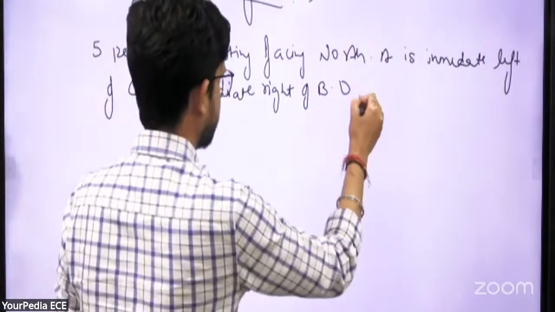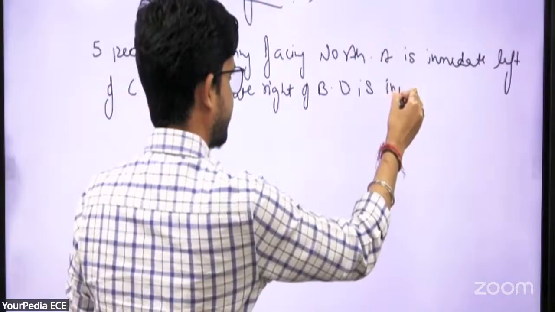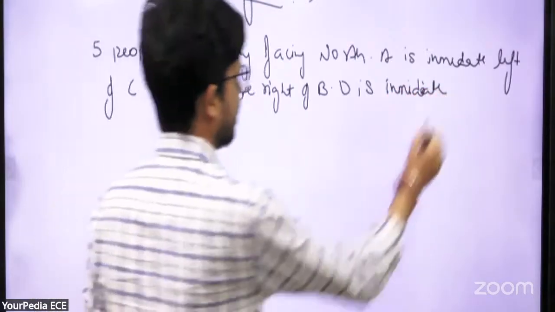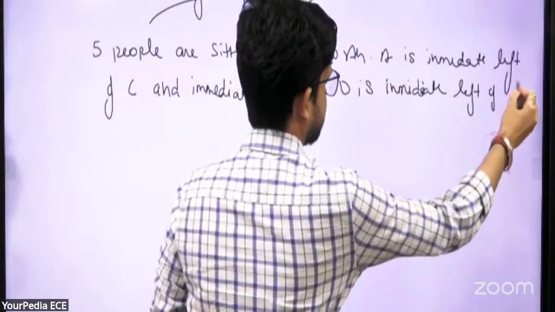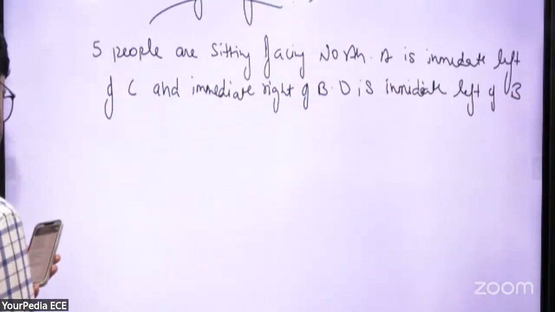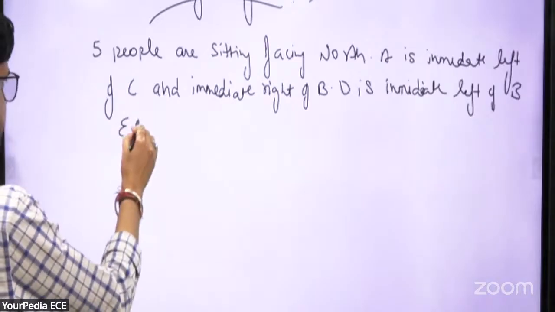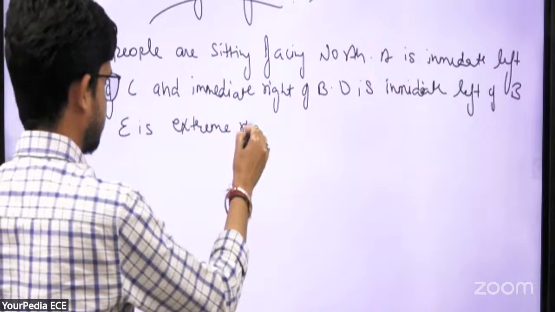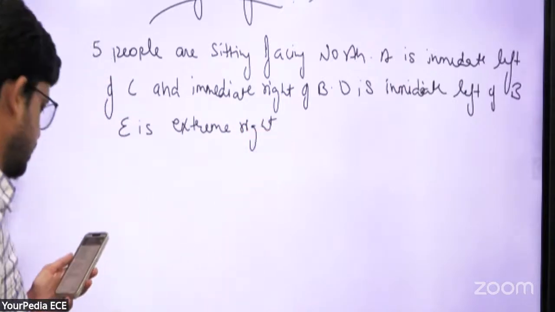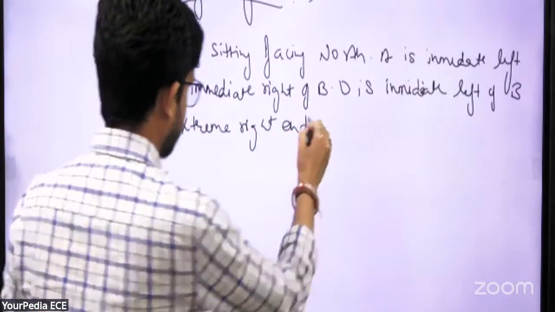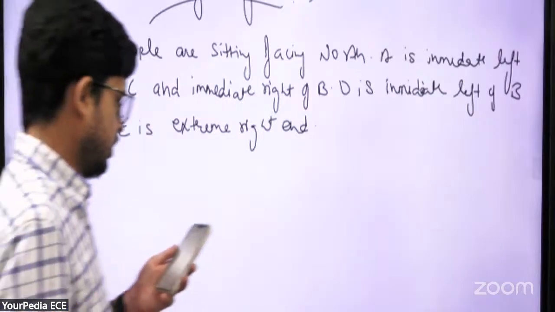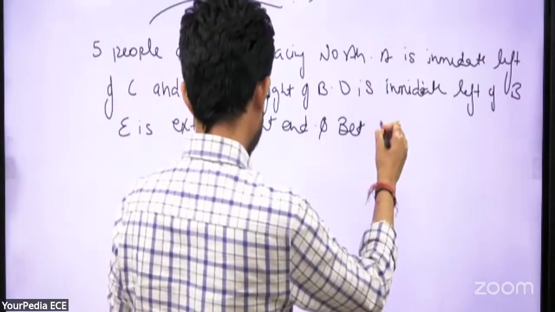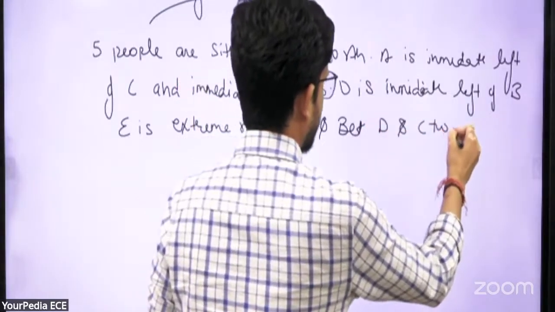D is immediate left of B. E is extreme right, and between D and C 2 persons are there.